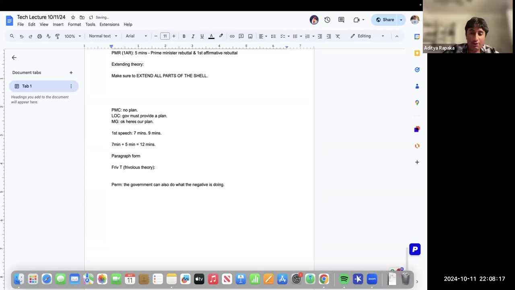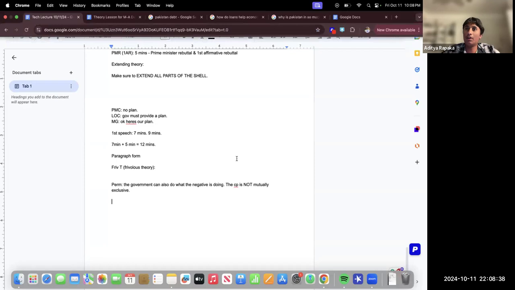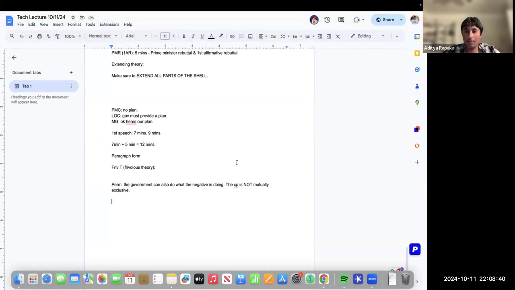It's just saying that the 2 plans are not mutually exclusive, and if the negative has a plan that can also work as long as it doesn't contradict what the government is supposed to do, then the government can just absorb that part of the plan, because it doesn't actually violate what the government's role is, which is to uphold the topic.